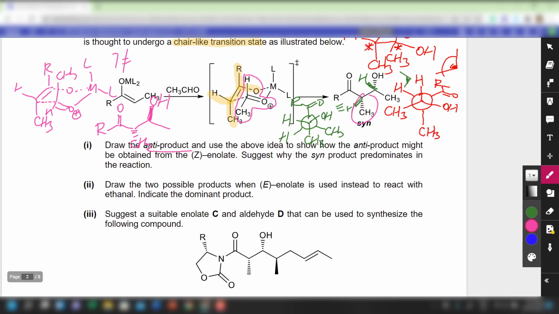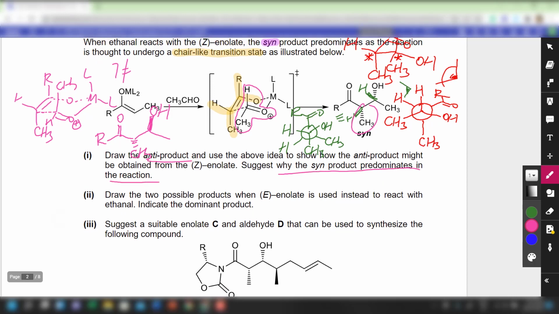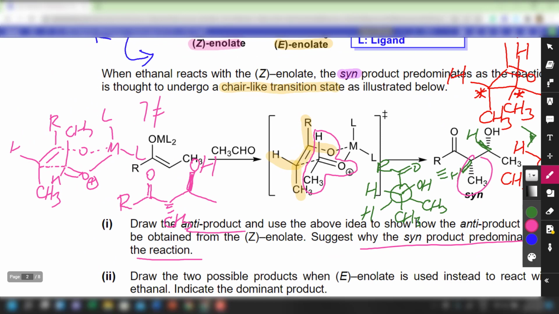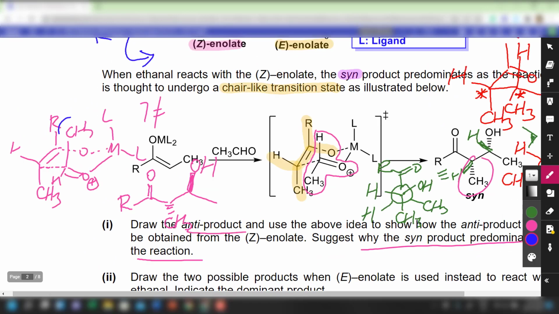And then why does the syn product predominate in this reaction? You notice that in the transition state, there is unfavorable 1,3 diaxial interaction between the axial R and the CH3.